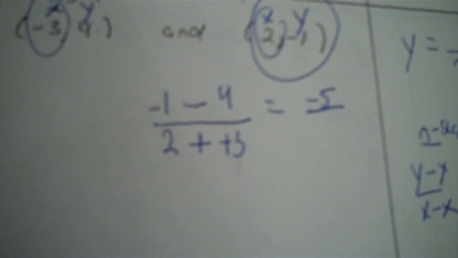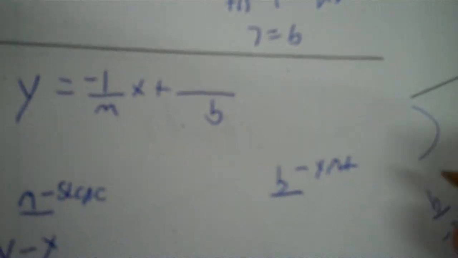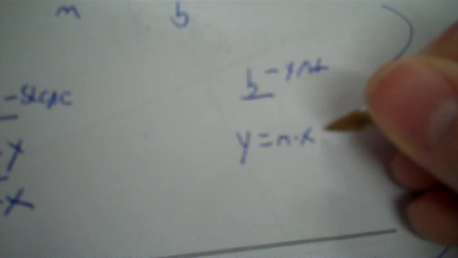So minusing a negative is actually adding, so you go 2 and then 3 to the right, so 3, 4, 5. Now you divide that, and you get -1. -1 is your m.